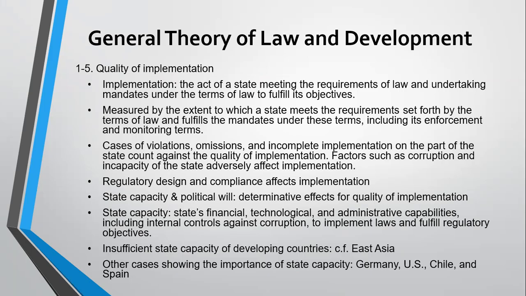So some of the weak state capacity has been augmented by other areas of state capacity. So this is also often observed in the process of economic development in the past.